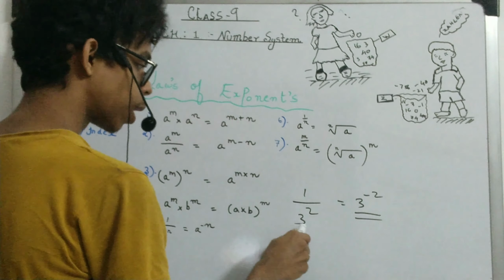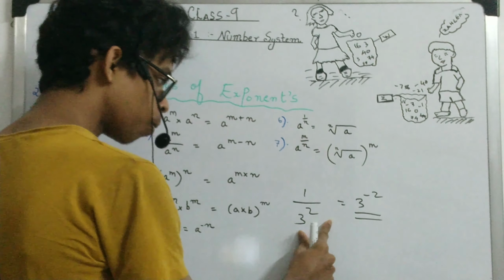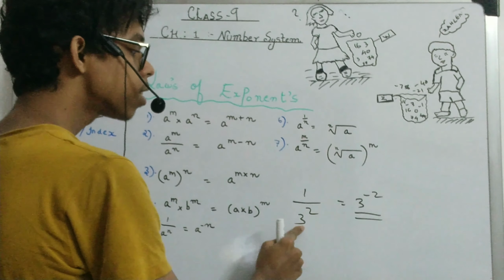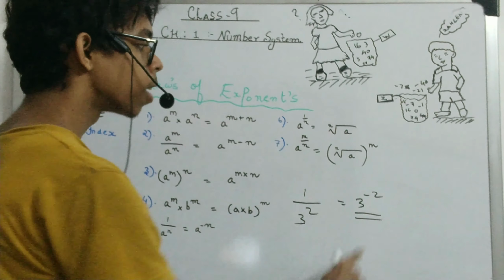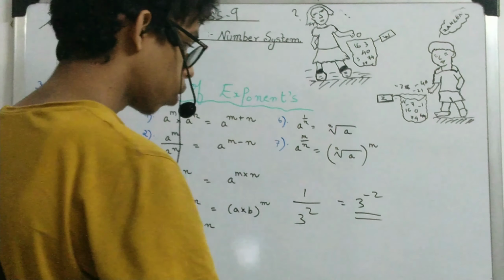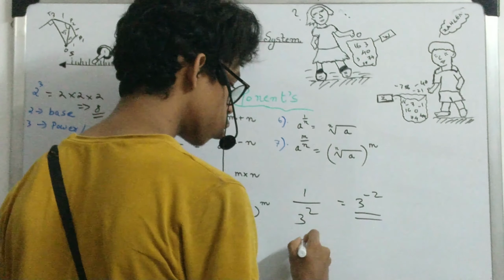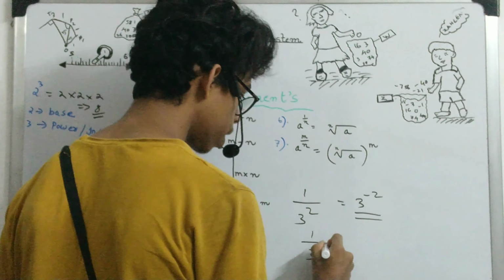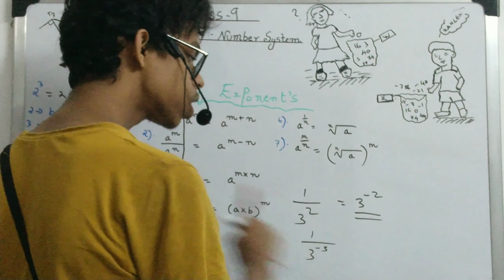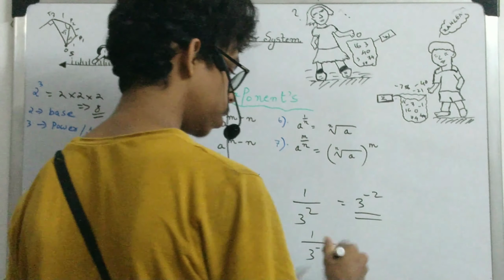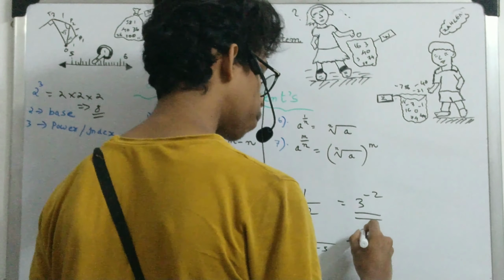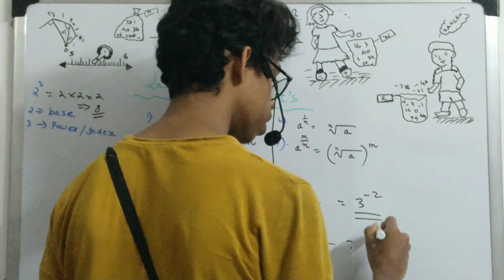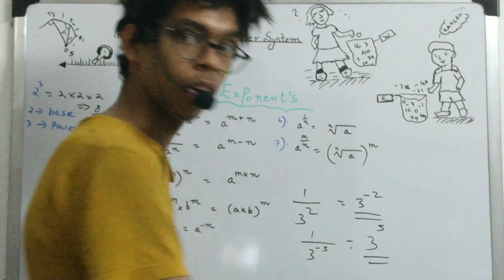So whenever you are bringing something in the denominator to the numerator, the base remains the same but the power gets a negative sign. Otherwise also, if I say 1 by 3 raised to minus 5, if there is a minus 5 in the denominator, when I bring it to the upper side, what will I get as the answer? 3 raised to 5.